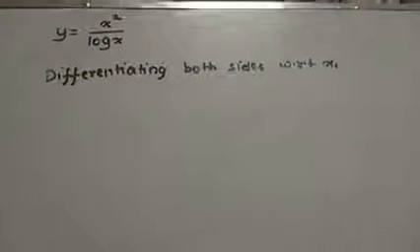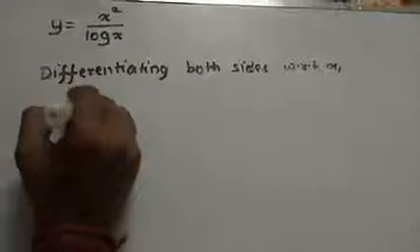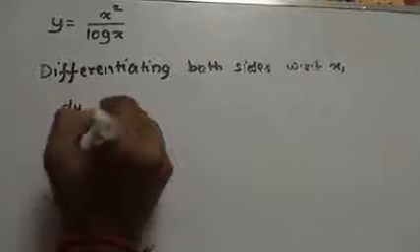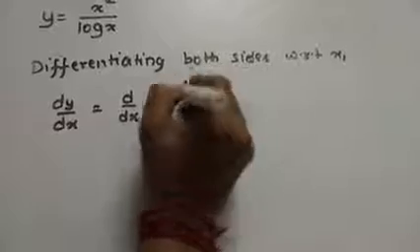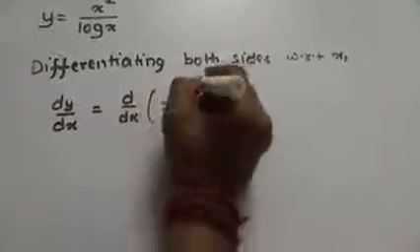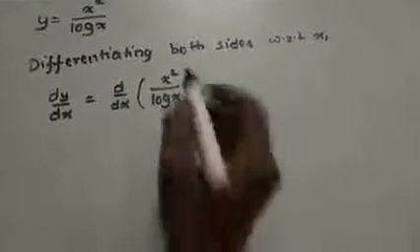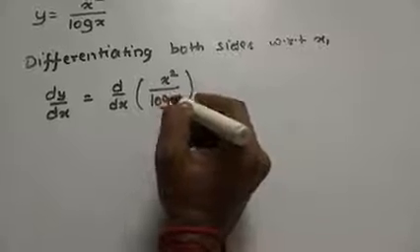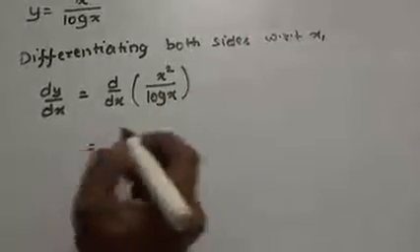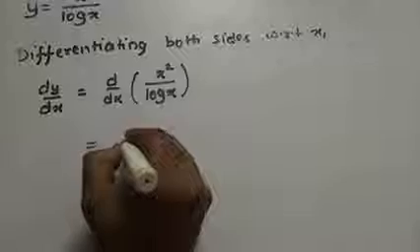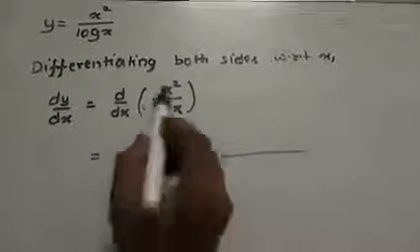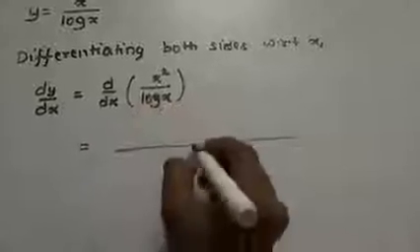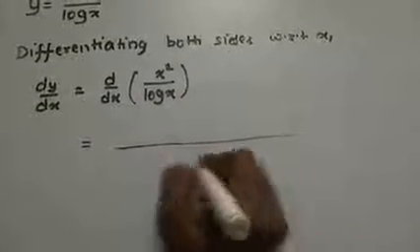So we are going to write here dy by dx equals d dx of x square by log x. So x square by log x, that is division. Division means the division rule. So you have to first of all remember all the rules. So the division rule says that for the u by v form, first of all, denominator whole square.